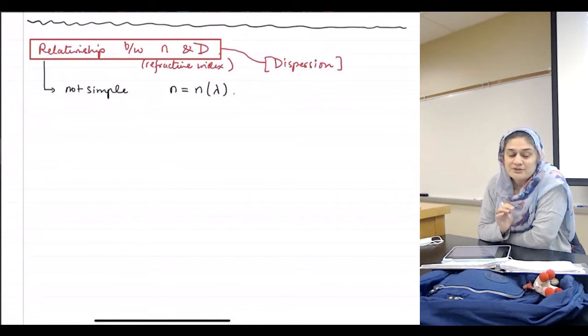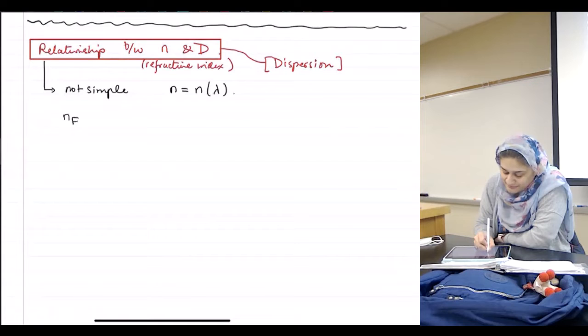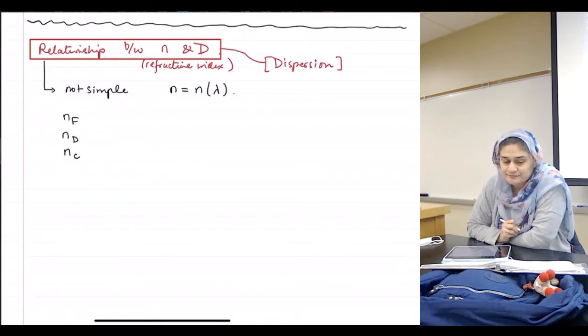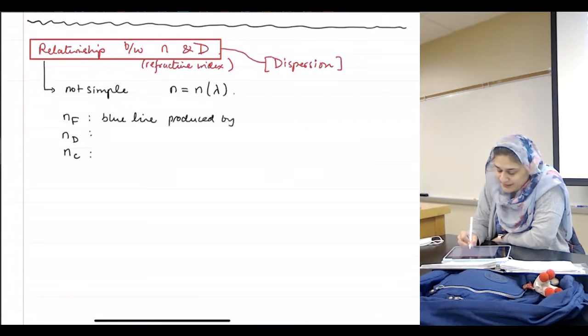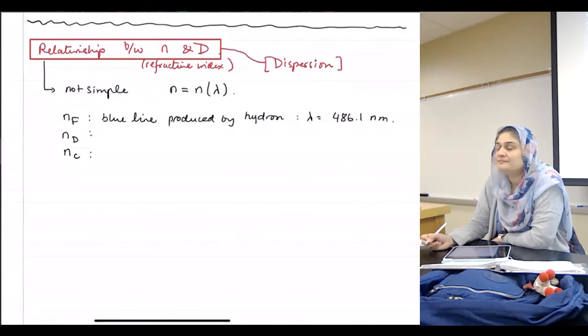So what we do is we use three indices called NF, ND, and NC, where NF is the blue line produced by hydrogen with lambda equals 486.1 nanometers.